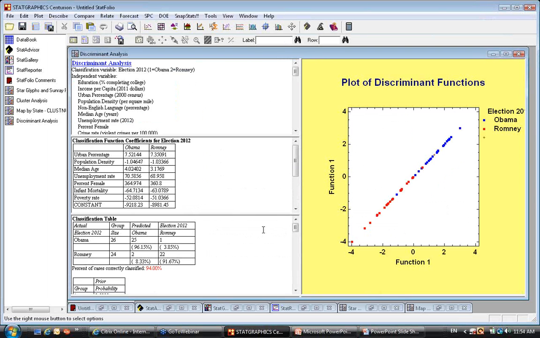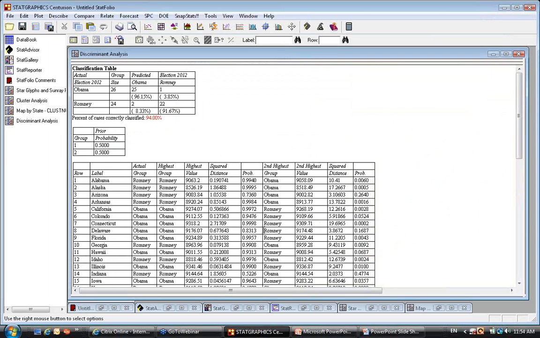What is useful is to look down here now at the classification table. The classification table will show you each of the states, the scores for Romney and Obama, and will assign each particular state to whatever candidate had the highest score. So, for example, look at this row down here.